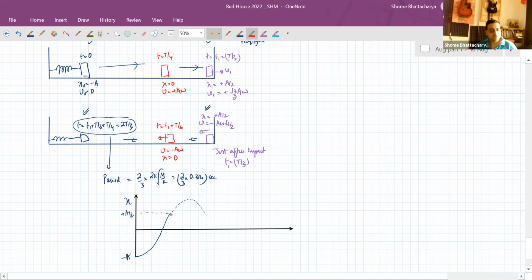Now the impact happens here. So this part of the motion which would have happened, now this happens. And then this whole thing repeats.